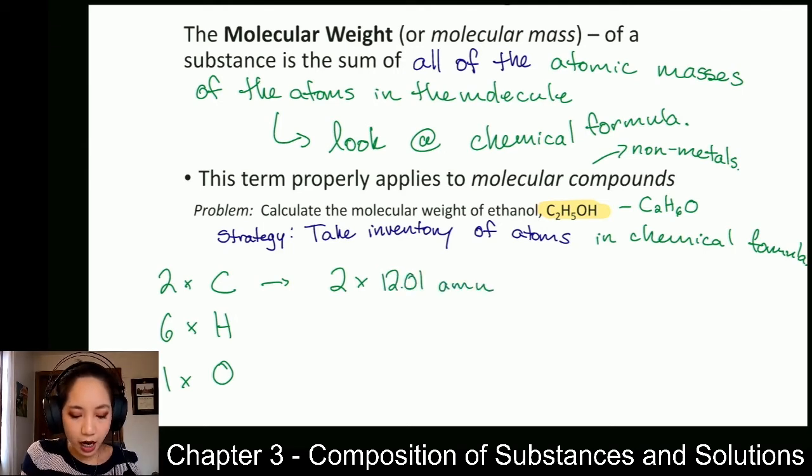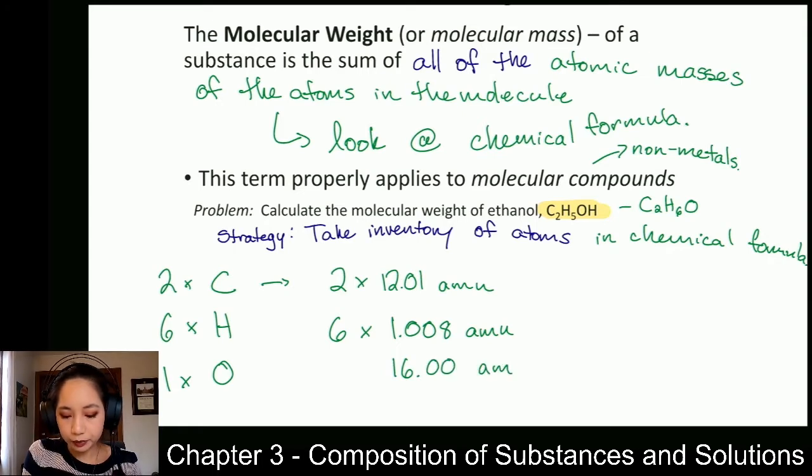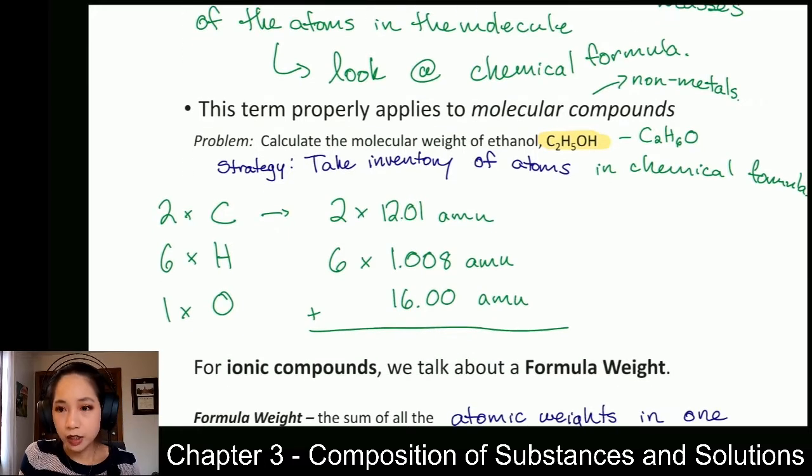There are 6 hydrogens, so 6 times the atomic weight of hydrogen, which is 1.008 AMU. And finally, just 1 oxygen, which is 16.00 AMU. All you do is add them up.